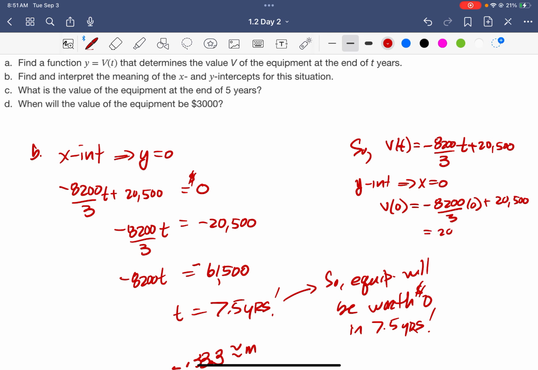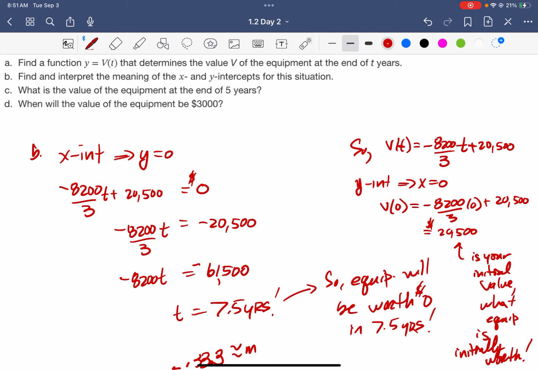You just get 2,500, which is your initial value. What your equipment is initially worth.